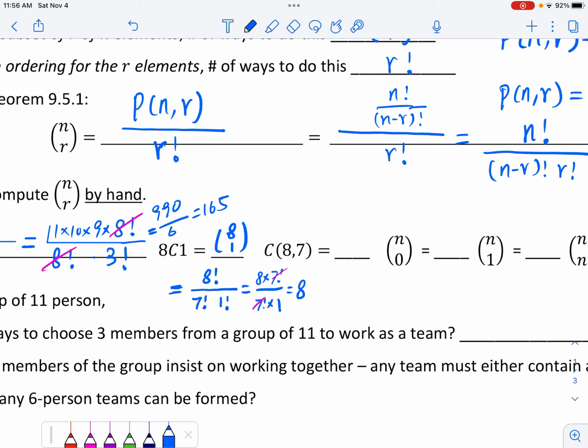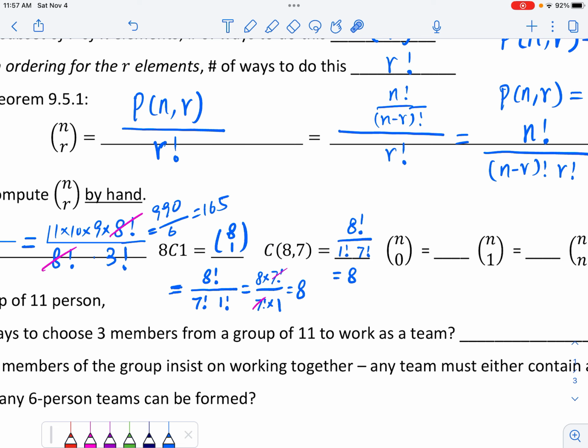And let's take a look at 8 choose 7. Similarly, 8 factorial divided by 8 minus 7, which is 1 factorial, times 7 factorial. And if you look at that, that's identical to that. It's just a little different order here. So it is the same as 8. I hope through this experience you can see 8 choose 1 is the same as 8 choose 7.